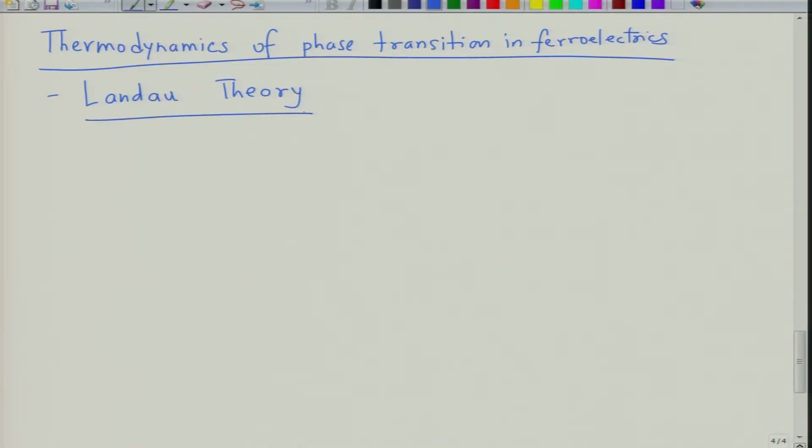According to Landau theory, we have seen in the past lecture that the polarization can be related to the electric field through susceptibility. So, this is susceptibility, at least for the linear region.